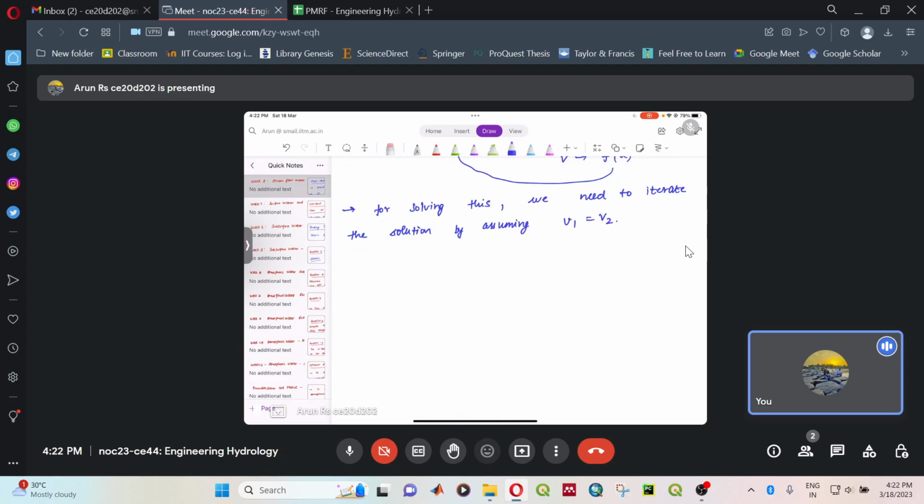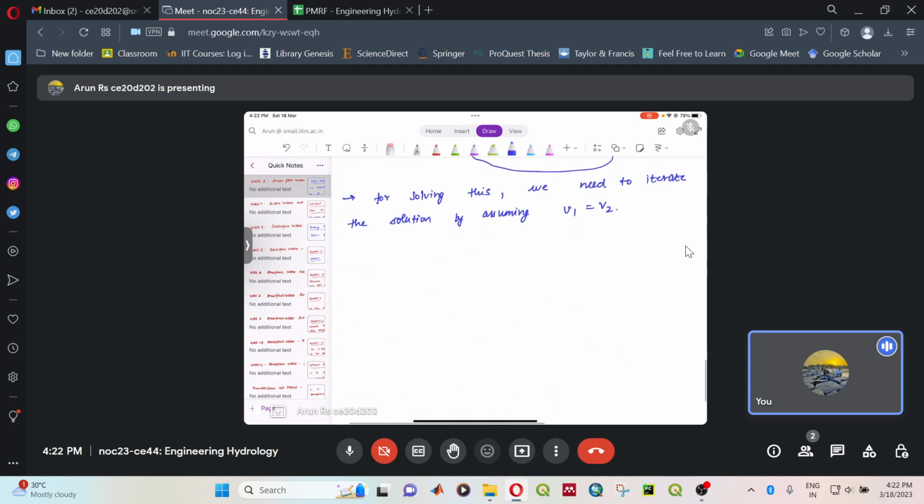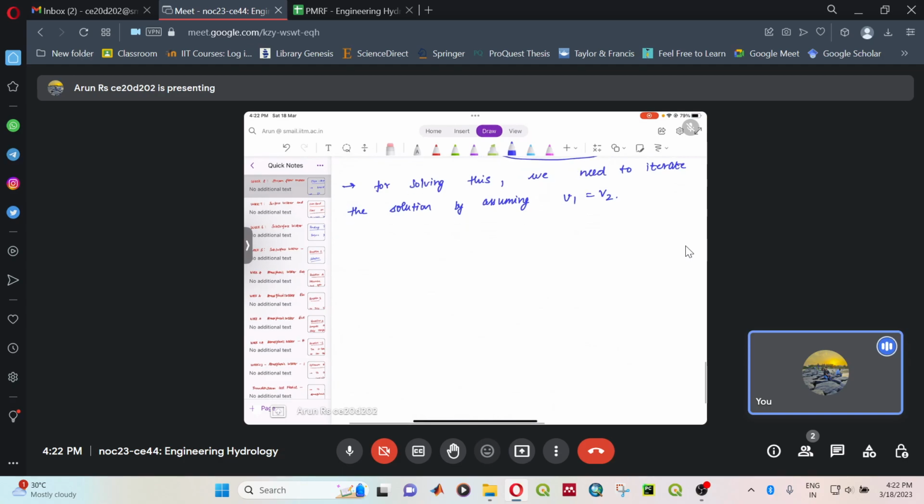We know the stage, and from the stage we can calculate the discharge through that particular section at that instant of time by using Manning's formula, and we can determine the velocity. From that we'll assume that the velocity is equal in both places, and we'll iterate the solution. We'll be solving for HF, and after solving, we will see whether the discharge is converging or not. Once the discharge converges, we'll stop the iteration and finish the problem.